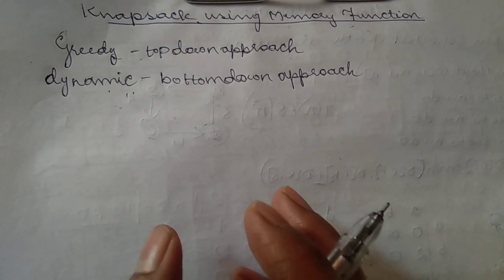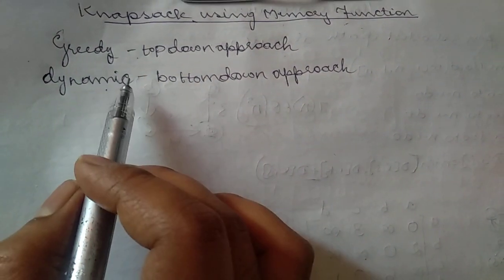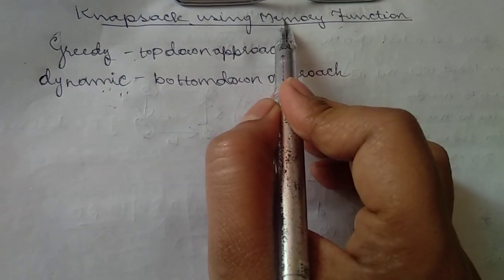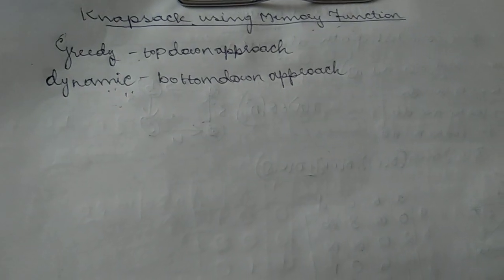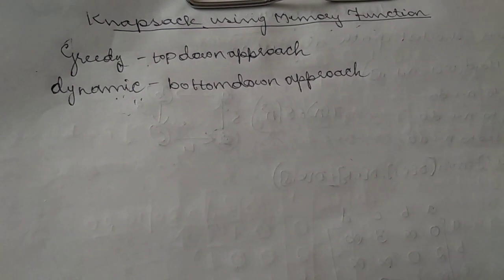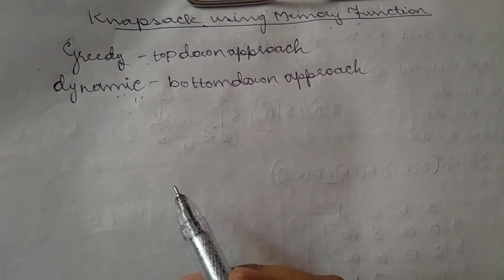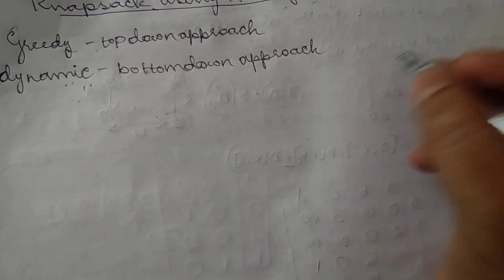So in order to overcome these two drawbacks of the greedy technique and dynamic programming, memory functions are introduced. Memory functions use the top-down approach, but they will not compute subproblems repeatedly, and if subproblems are not needed, they will not execute them.